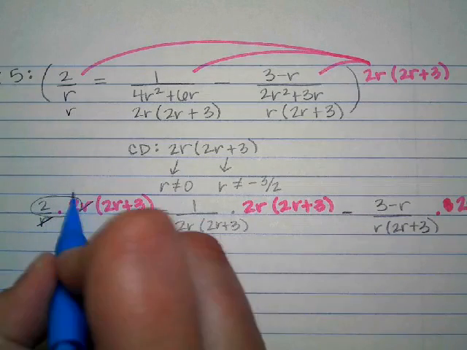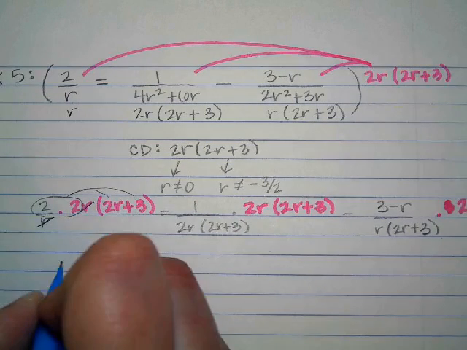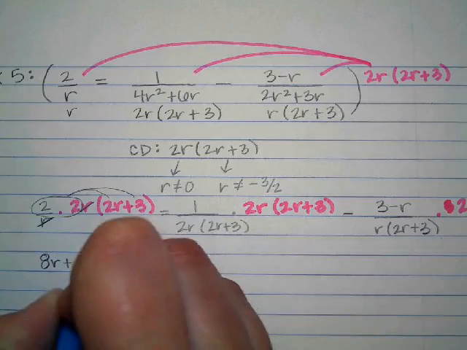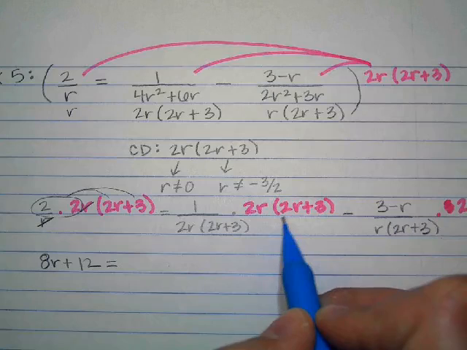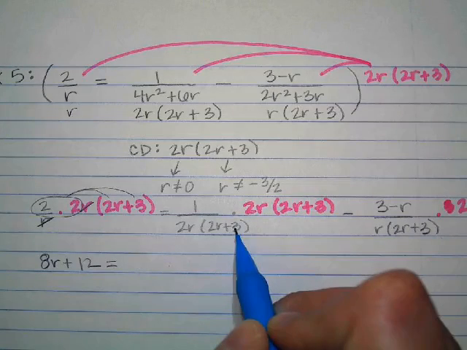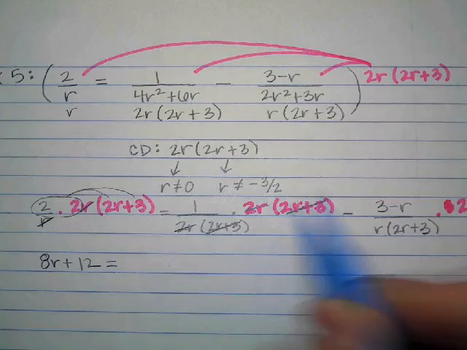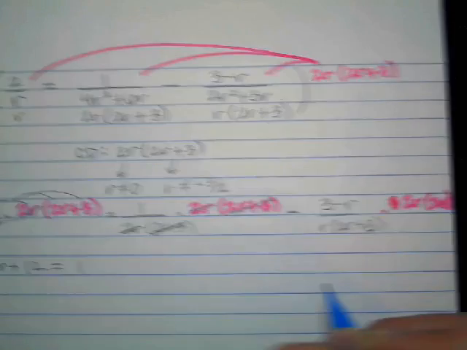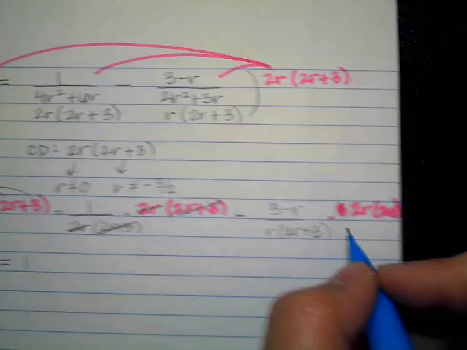Okay, so 4 distributed gives us what? 8R plus 12. Okay. In the next term, what cancels? 2R and 2R plus 3. And so what do we have? Just 1. Okay. And then in the next term, what cancels?